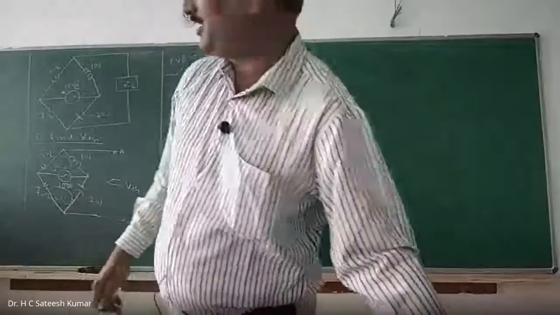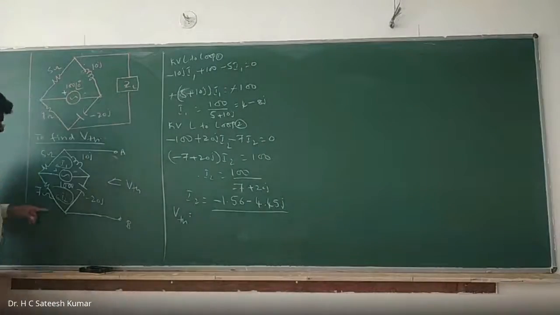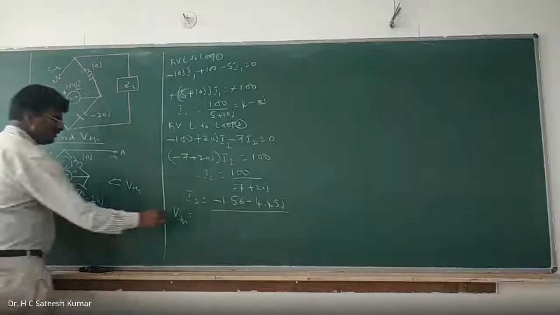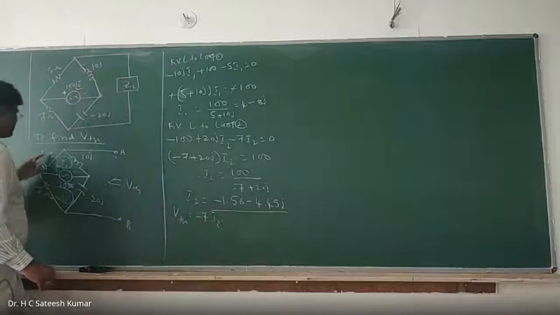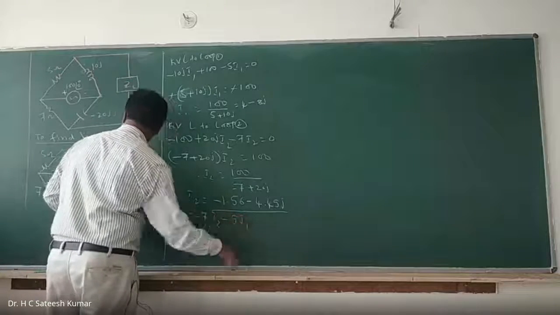So now I will go in the easiest path. The easiest path is this one, because only pure resistance is there. I'll go in that path. VTH is equal to, in the same direction, minus 7 I2, and next if you go this side, minus 5 I1. That's all.